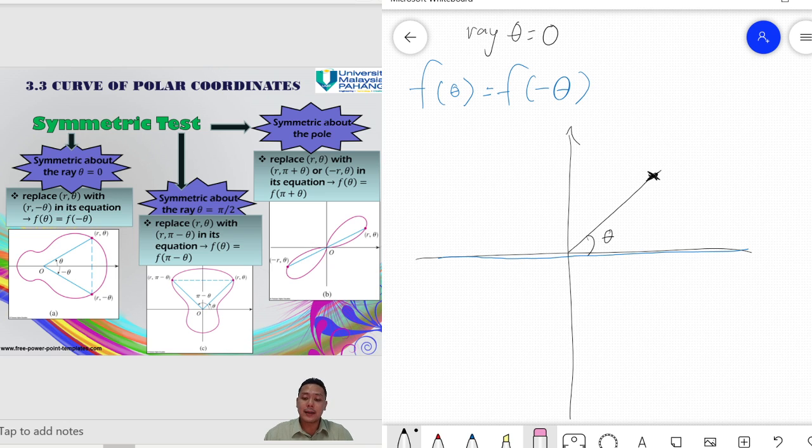Imagine again the x-axis become your symmetric line there. So cermin dia, they will be here. This will be negative theta. Theta clockwise, anti-clockwise, negative theta, anti-clockwise. So if you manage to prove that f theta equals to f negative theta, so it means it is symmetric during ray theta equals to 0.